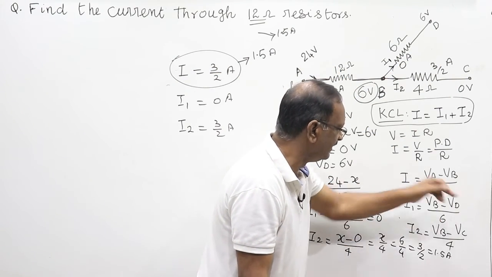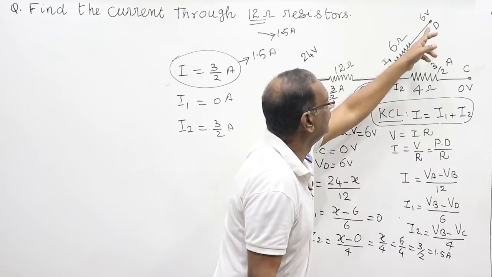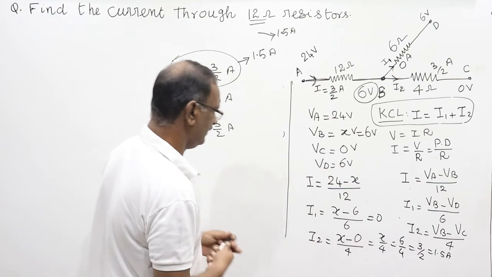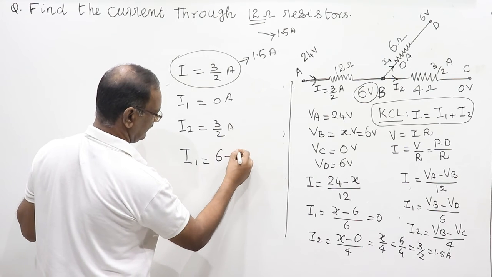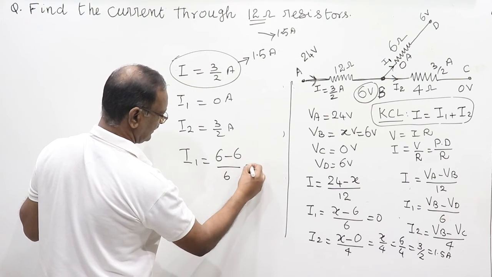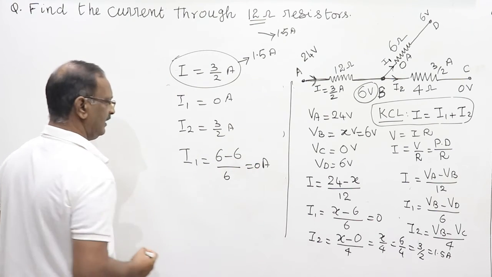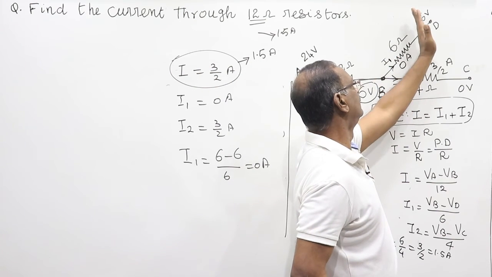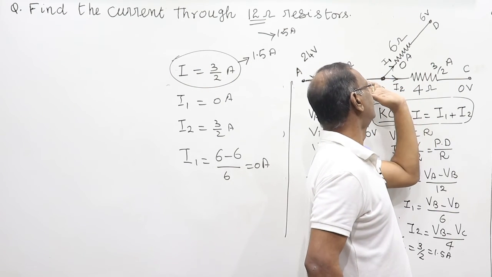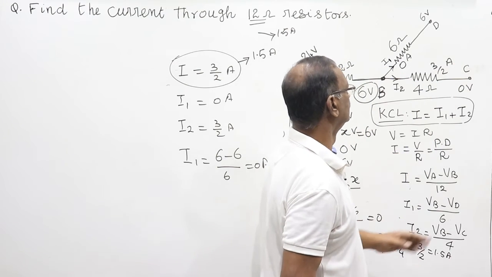I1 is equal to VB minus VD. VB is 6 volt, VD is also 6 volt. So I1 is equal to VB minus VD divided by 6 ampere. It means no current is flowing, and the full current is flowing this way.